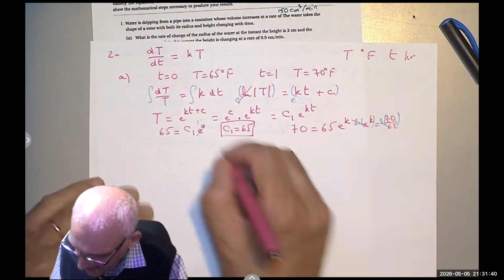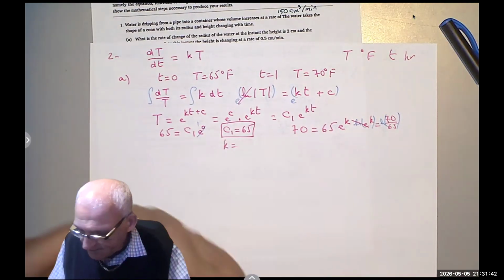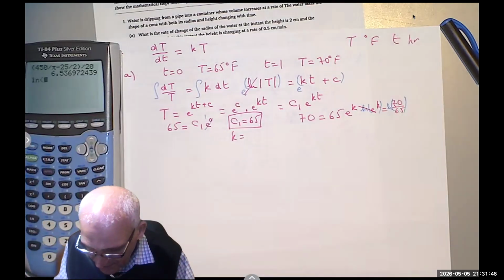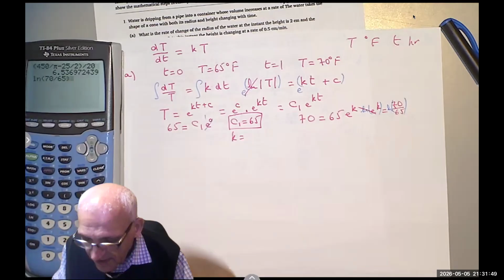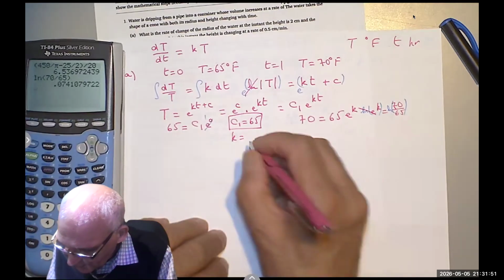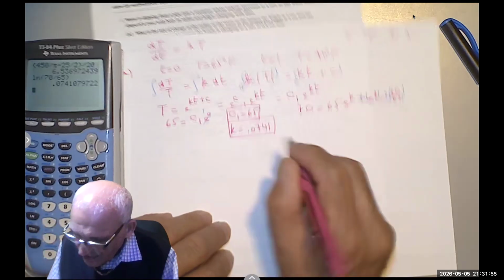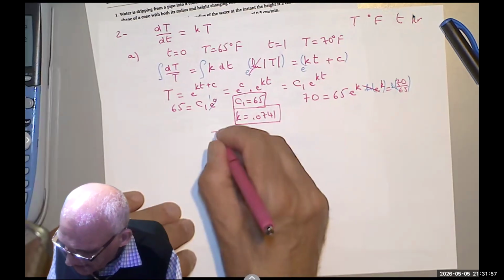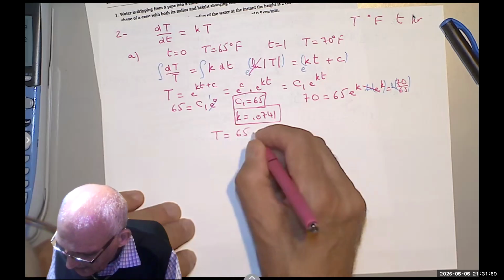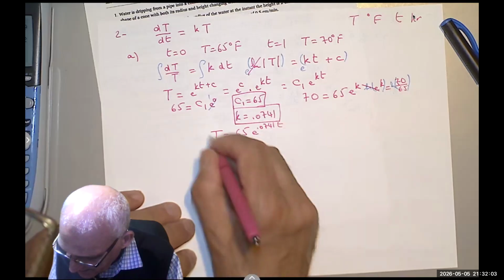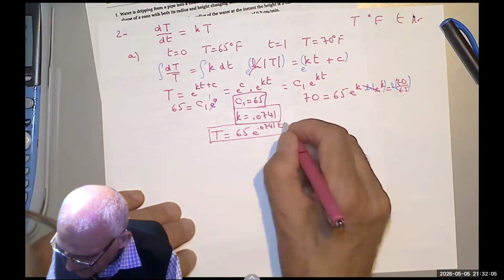These cancel, and I get k equals natural log of 70 over 65. It's 0.0741. So I'm done. I can write T equals 65 e to the 0.0741 t. That's part A.